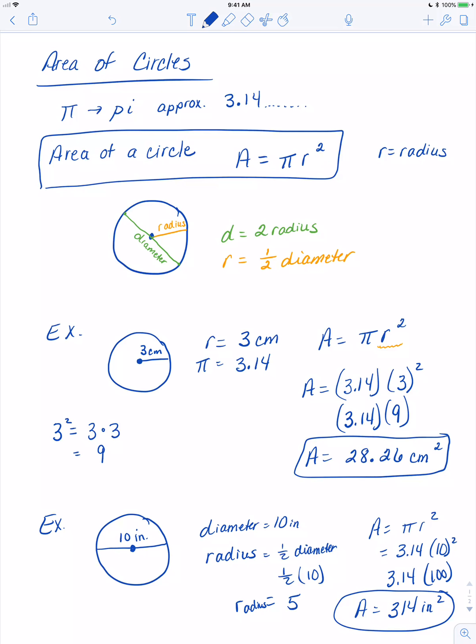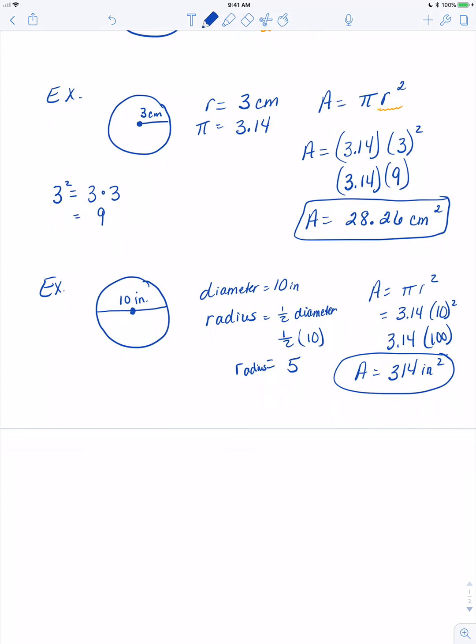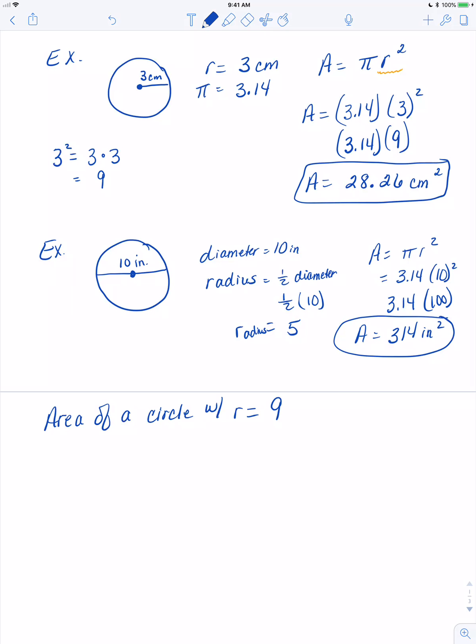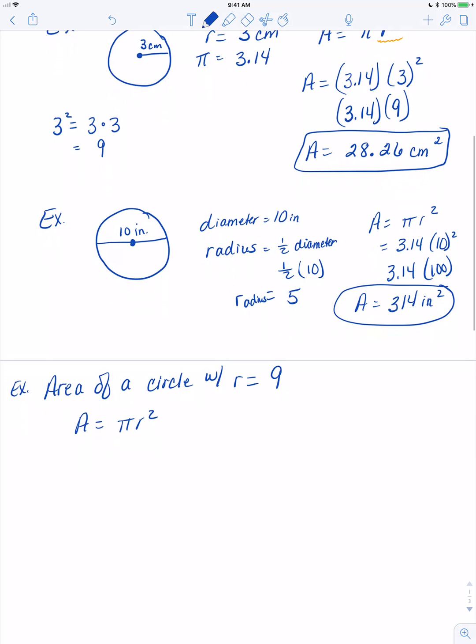Now, do we even have to have a circle drawn for us? We could just say, what's the area of a circle with a radius equal to 9? That's really all the information that we need to know. Well, we know area is, just another example, pi r squared.